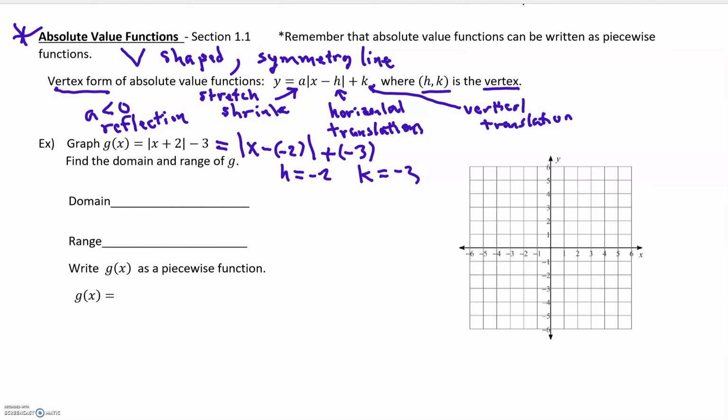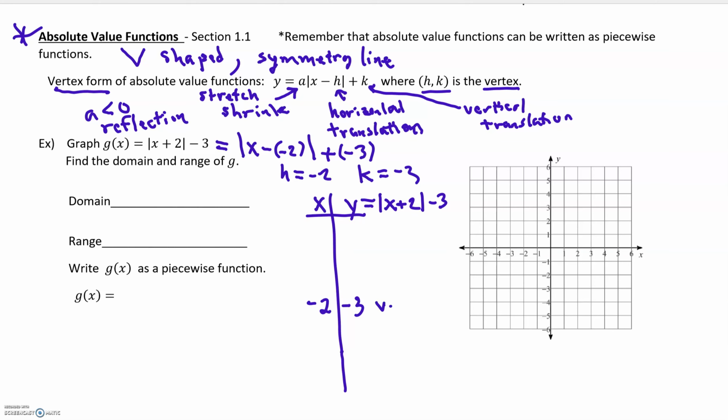All right, we're going to do a graph, then we'll identify the domain and range. I'm going to create a table of values for this equation. And our equation is y equals the absolute value of x plus 2 with a -3 outside here. I'm going to put the vertex in my table, (-2, -3). And notice we plug in -2 for x, we do get -3 for y.